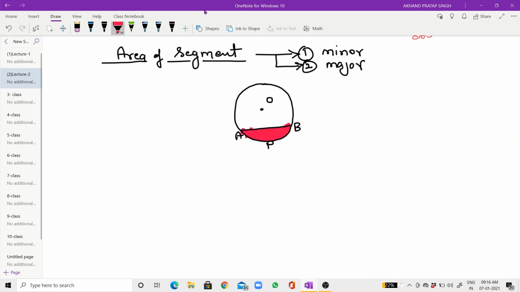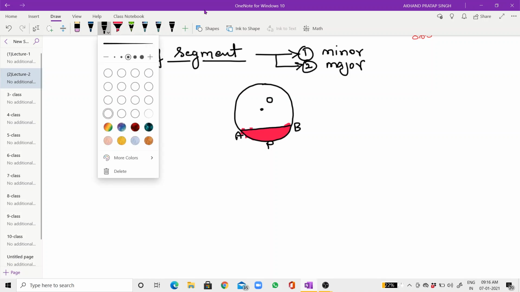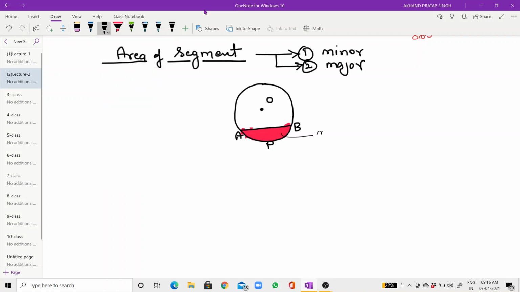This colored portion is the minor segment. So find out the area of minor segment.